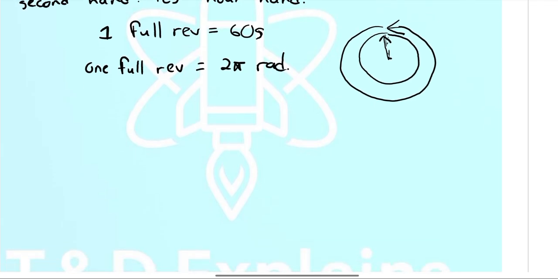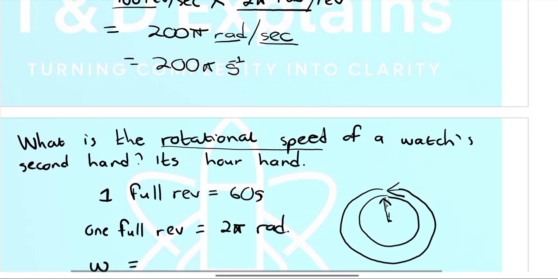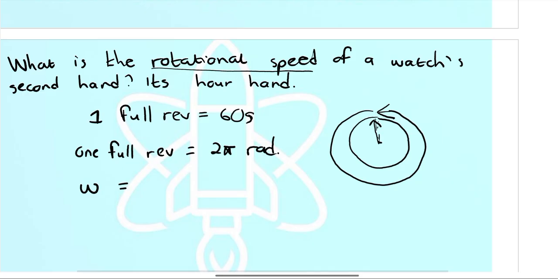So we can go ahead now and calculate our rotational speed that we know is given by the formula that I defined above. We start at theta equals 0 up until theta equals 2 pi.